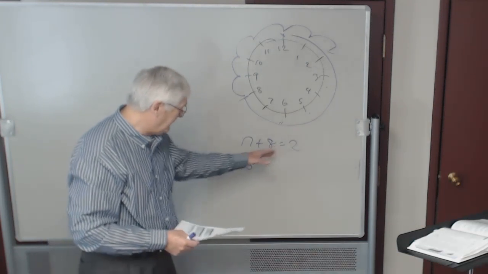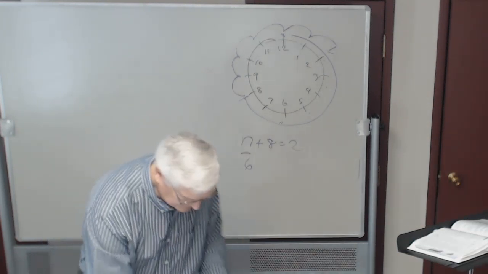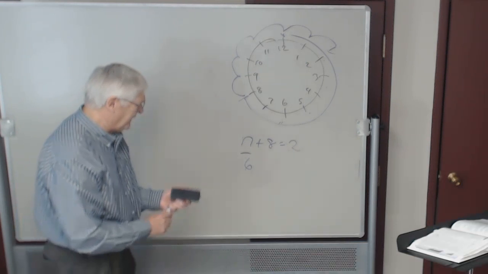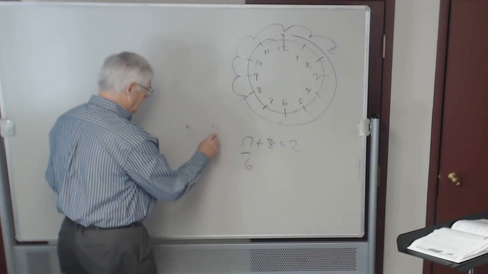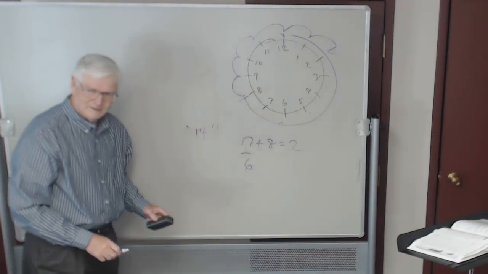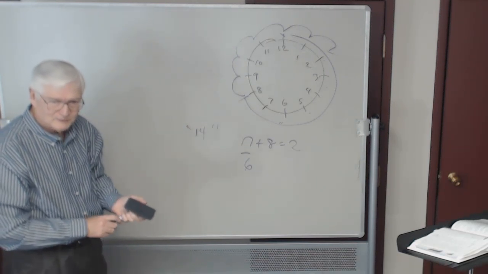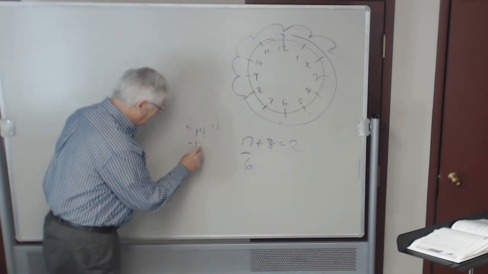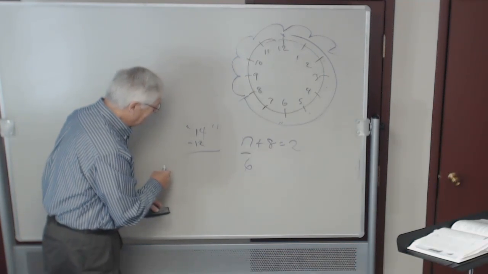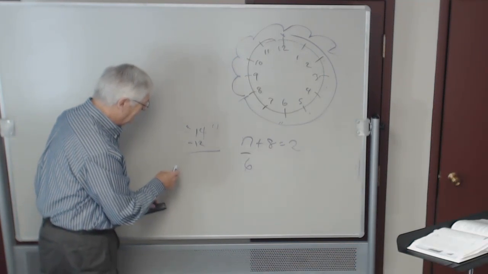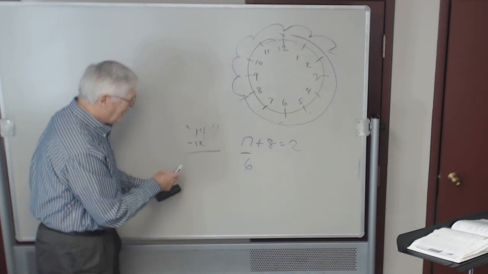So 6 plus 8 is 2. Now watch this. In your head, what's 6 plus 8? 14. But clock arithmetic doesn't go to 14. It always stops at 12. So 14 minus 12 is 2.